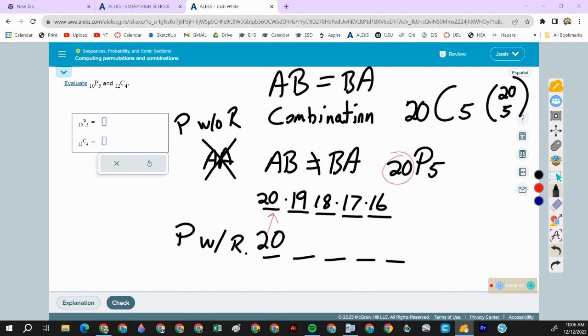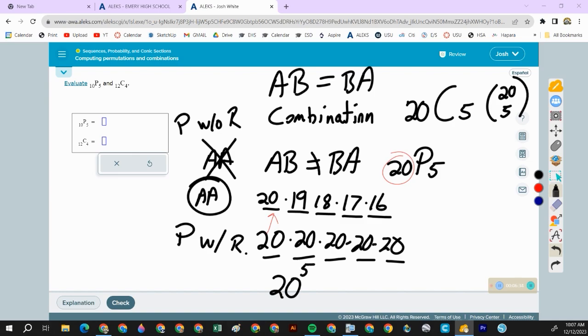What about option number 2? 20 times 20 times 20 times 20, which means that AA does exist. And there's no fancy button on the calculator. You would just do 20 to the 5th. Okay?